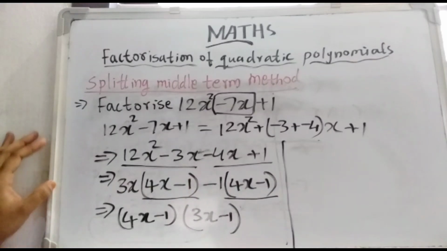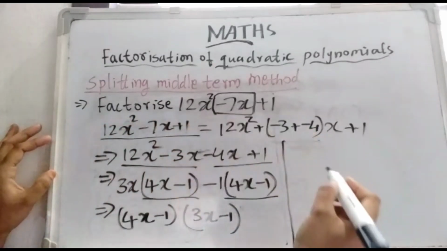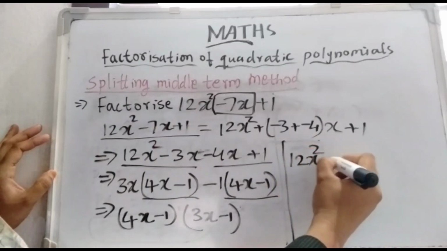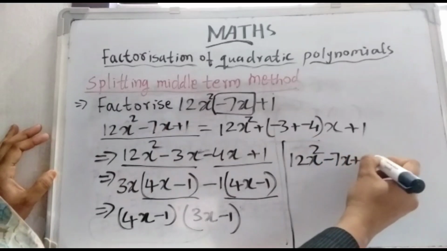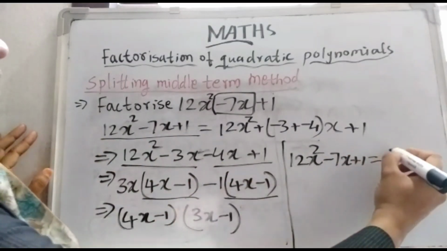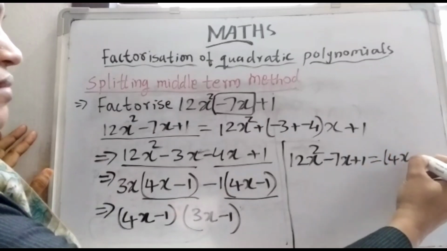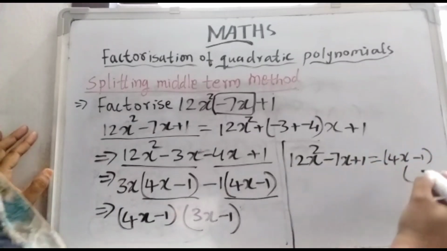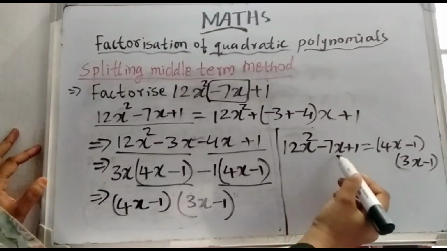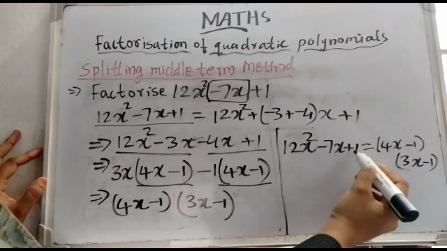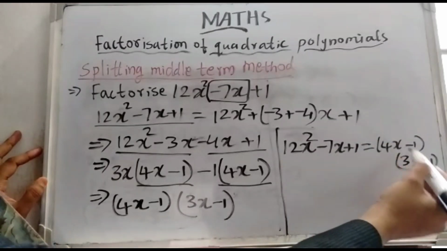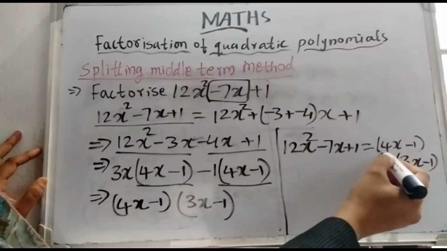So 12x square minus 7x plus 1 is a quadratic polynomial, and we got 4x minus 1 into 3x minus 1. We factorize this quadratic polynomial as the product of its linear factors.